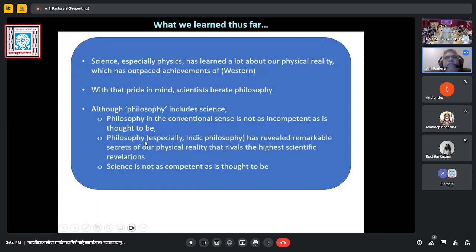We saw that philosophy has revealed remarkable secrets of our physical reality that rival the highest scientific revelations, from the few examples that we cited from our Bharatiya Darshana. And also, science is not as competent as it is thought to be.